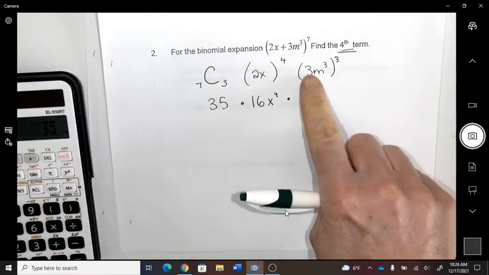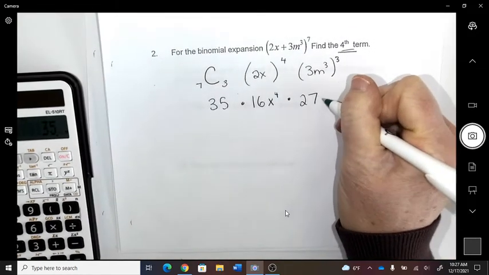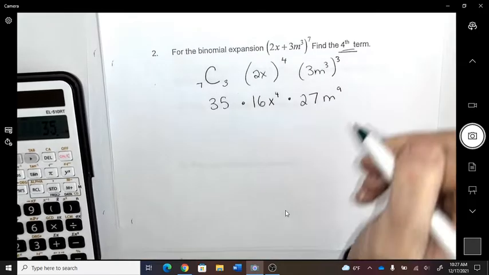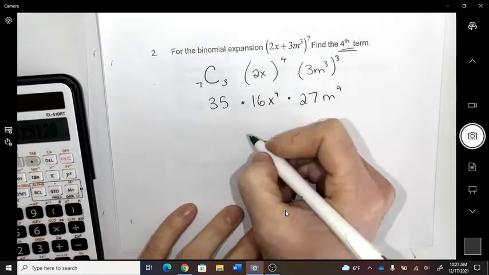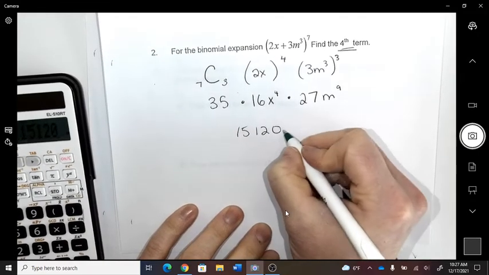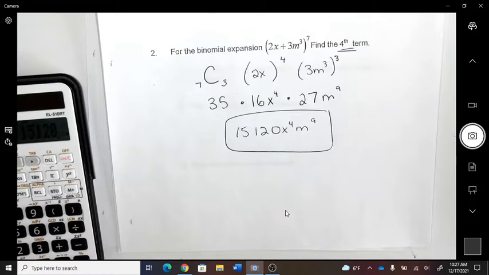You're also going to have to do 3 cubed on that one. So 27 m to the 9th. Okay, and then simplify all the 3 together.